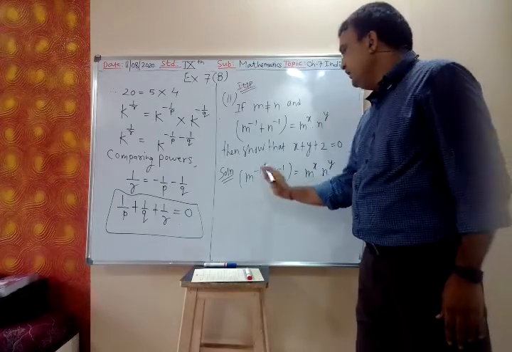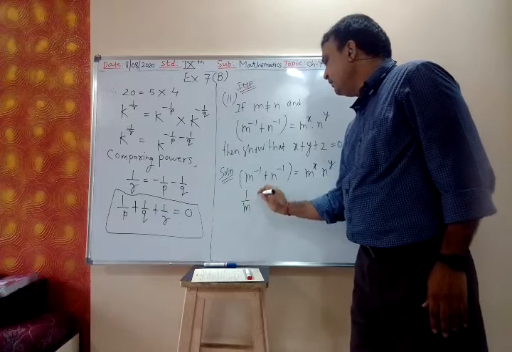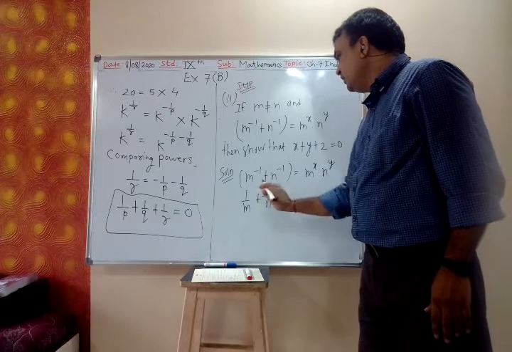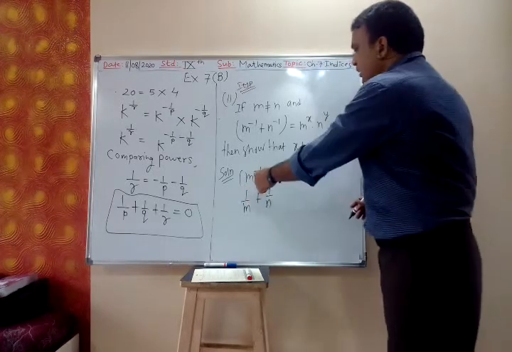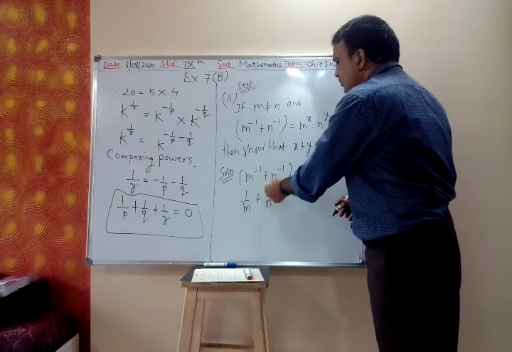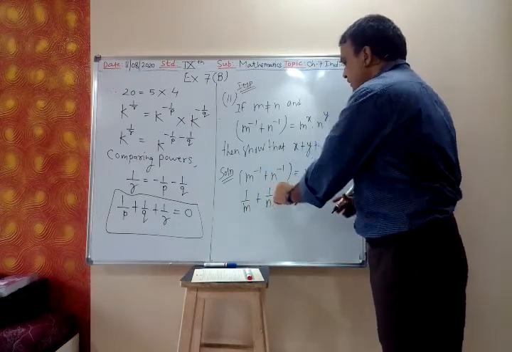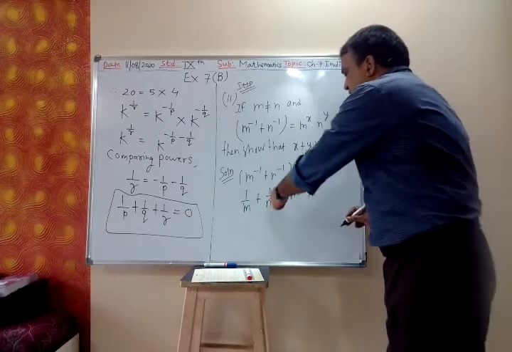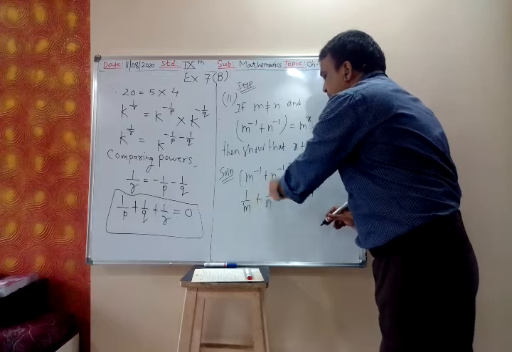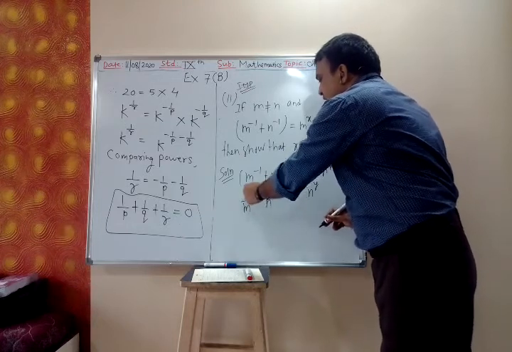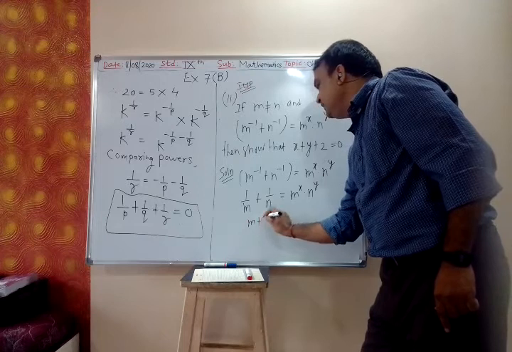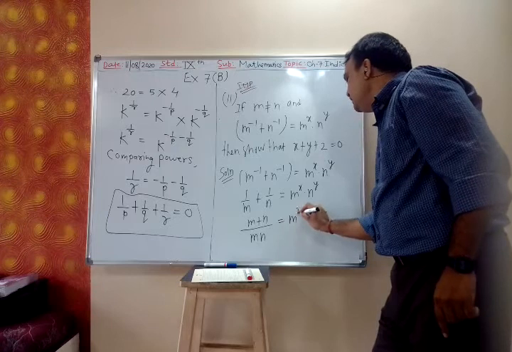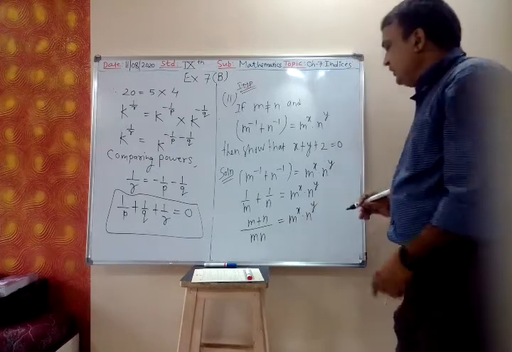Now m to the power minus 1, I can write 1 upon m. n to the power minus 1, I can write 1 upon n, is equal to m raised to x into n raised to y. Now this left hand side we simplify, cross multiply. m into 1 upon m plus n into 1 upon n, so that I will write m plus n upon mn is equal to m raised to x into n raised to y.